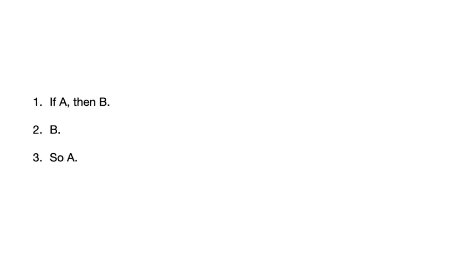This is the form: if A, then B; B, so A. This is a fallacy, affirming the consequent. I don't care so much that you can tack the right name to this or denying the antecedent. Just know when you see them, they are fallacies. They are not valid forms of argument.